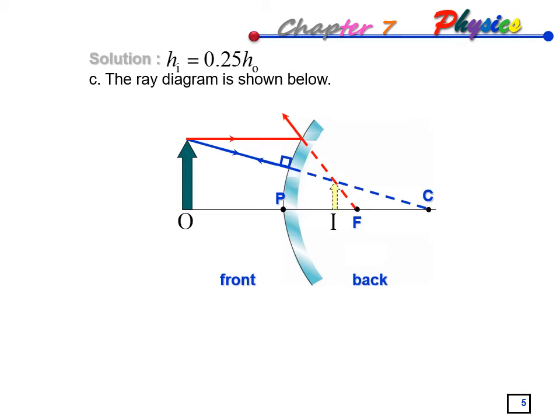That means you have an upright and diminished image. Another thing is that when we have an upright, virtual but diminished image, that means we always have a convex reflector. That is one characteristic.